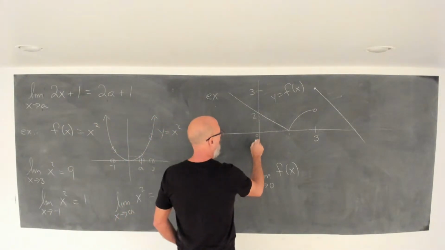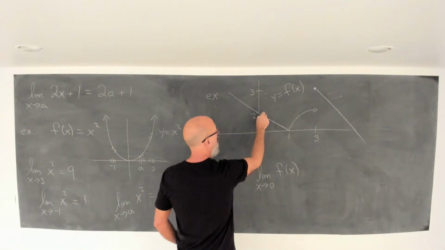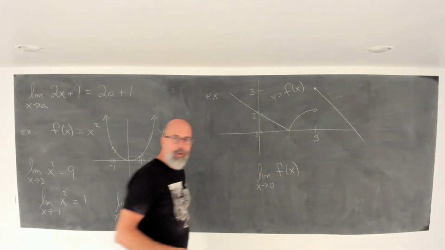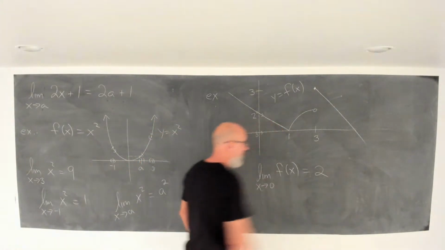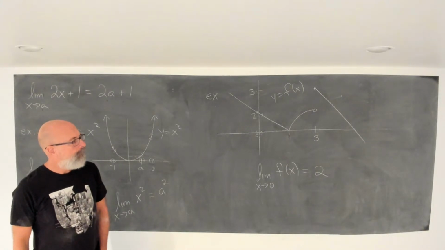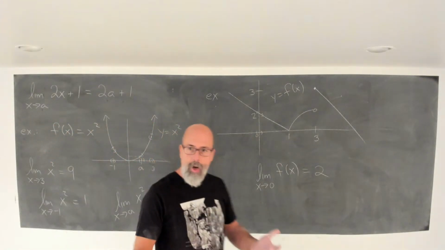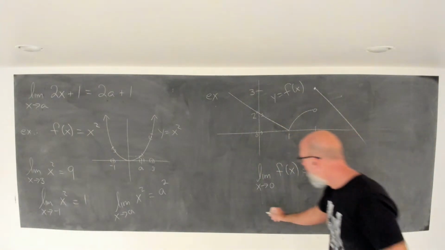Right, 0 is right here. And if you're taking values close to 0, these get mapped to values close to 2. Exactly that. Right? You have the graph. It's very easy to read off the behavior.